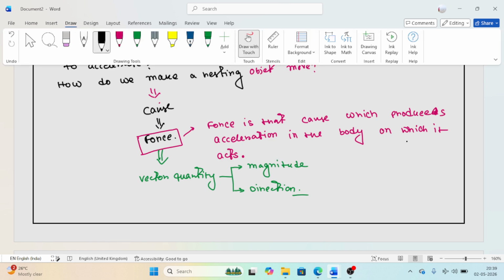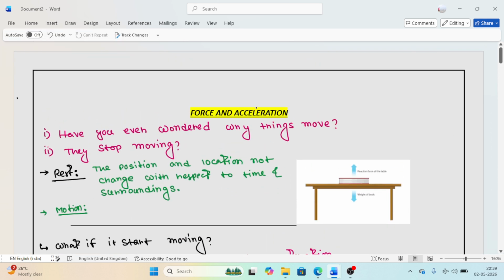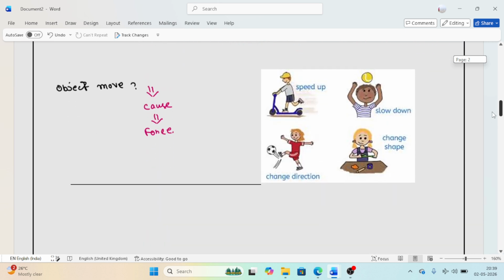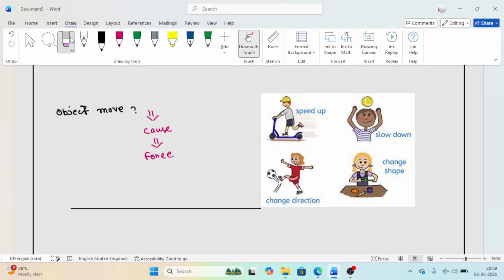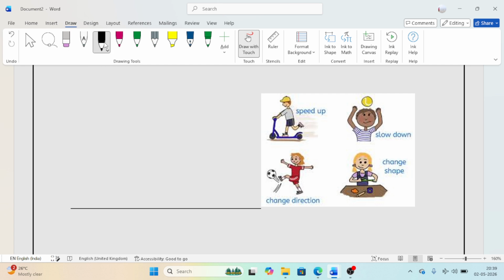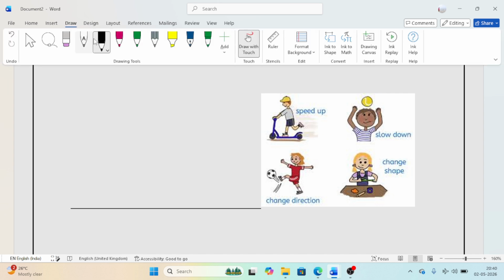So first we understood what acceleration actually means, and now we understood what force means. Now we see the effect of force. These are the two questions we mentioned before starting this lecture.